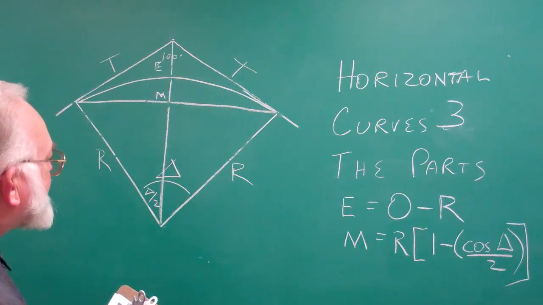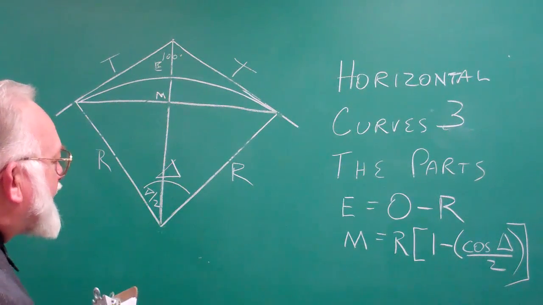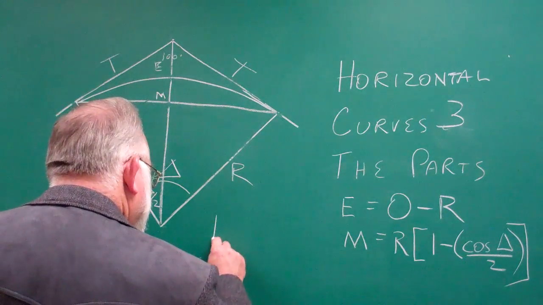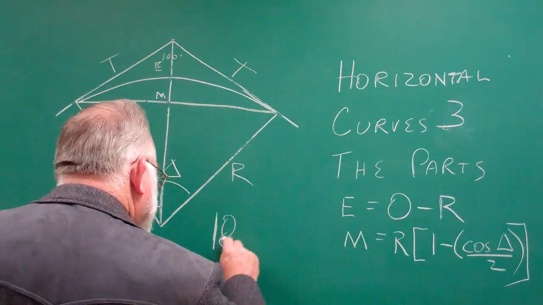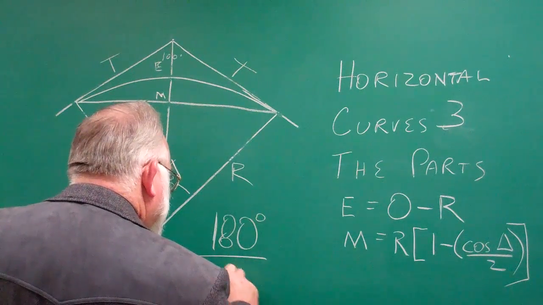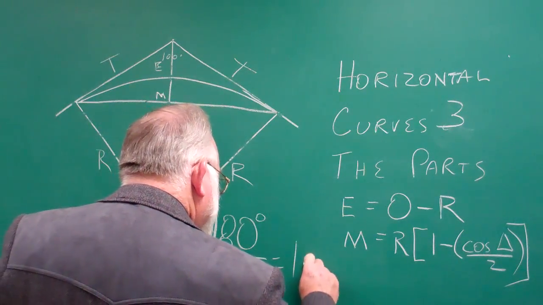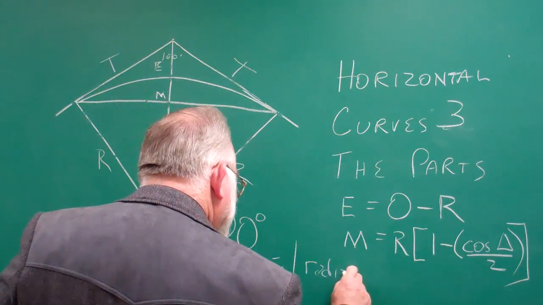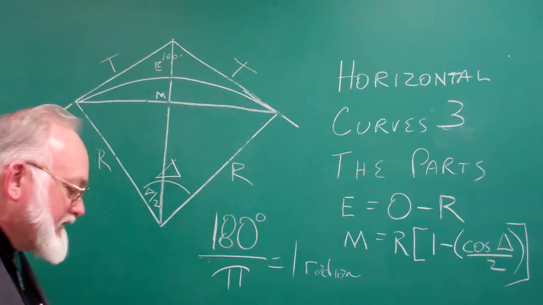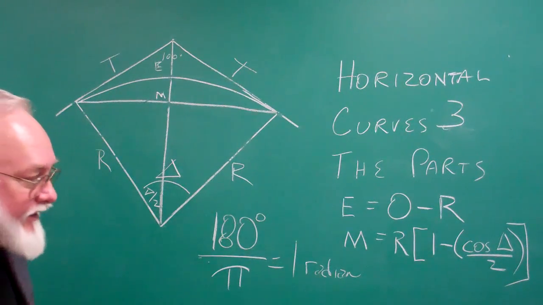A radian is simply another way to measure an angle, and it's 180 degrees divided by pi. That's all one radian is, and it equals about 57 degrees and change.